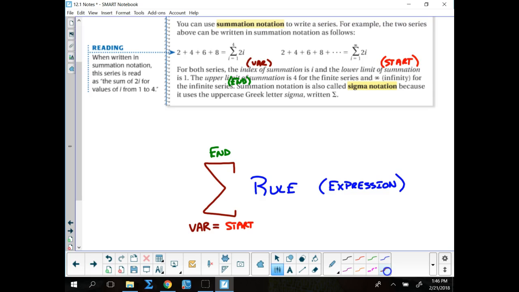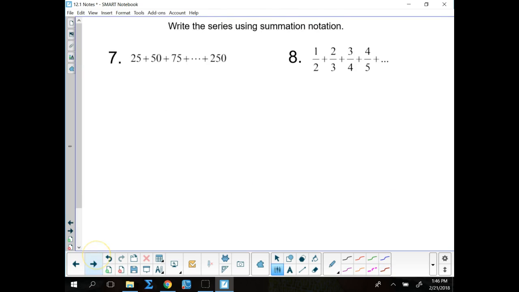Okay. So, let's do something here. Write the series using summation notation. So, the first thing we should do is find our pattern or our rule. Actually, let's go pattern here this way. Put it in the purple.